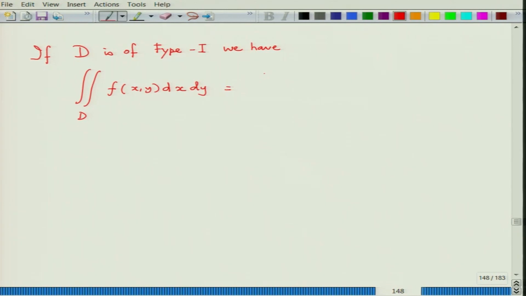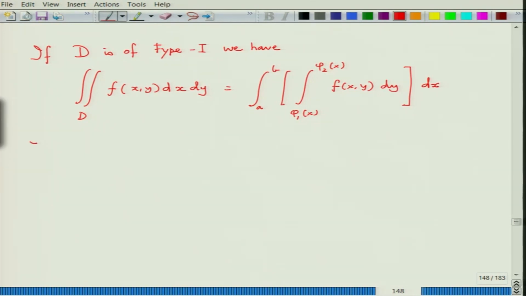So, it is of type 1: integral a to b, integral phi 1 x to phi 2 x of f x y dy, dx.